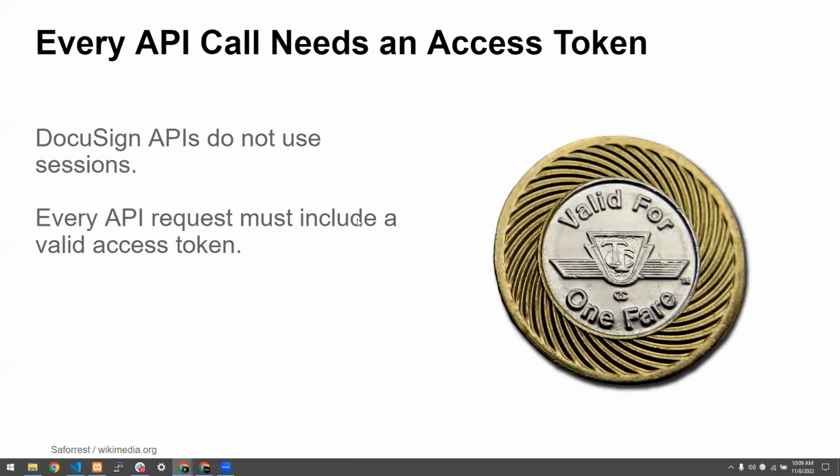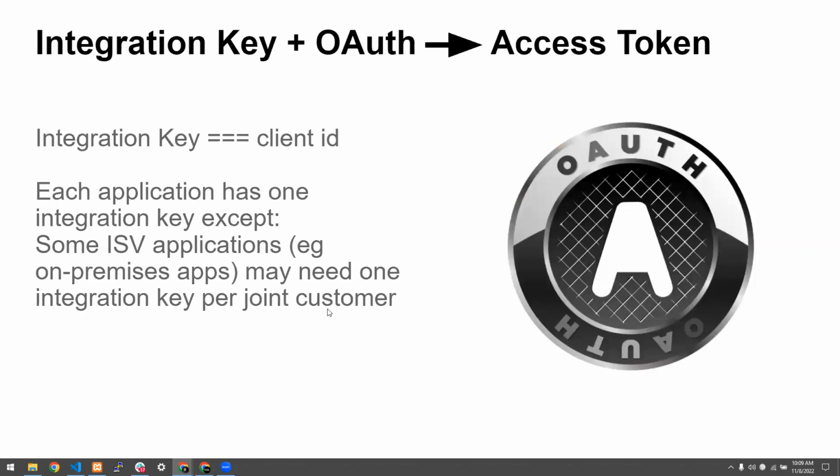So to use our APIs, you're going to need to use access tokens. Access tokens are going to be generated with your integration, and we use OAuth to handle those tokens. Integration keys are basically the same as client ID in our terminology when looking at the apps and keys page.